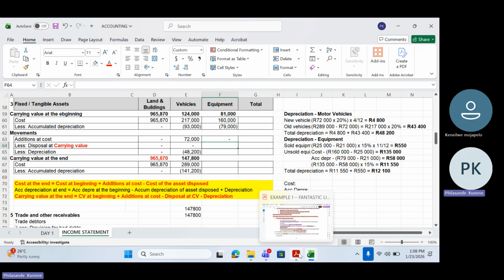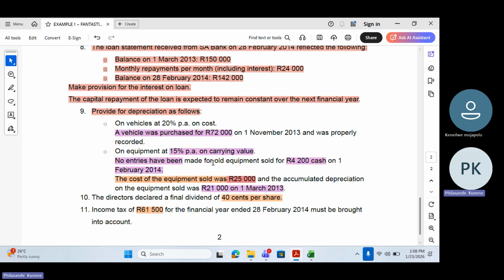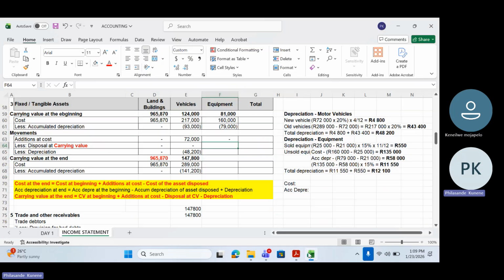Let's go and check. How much was the cost of the asset disposed? 25,000, right, was the cost of the asset that was disposed, né? Okay, 25,000 rands. How much was the accumulated depreciation? 21,000 plus 550.